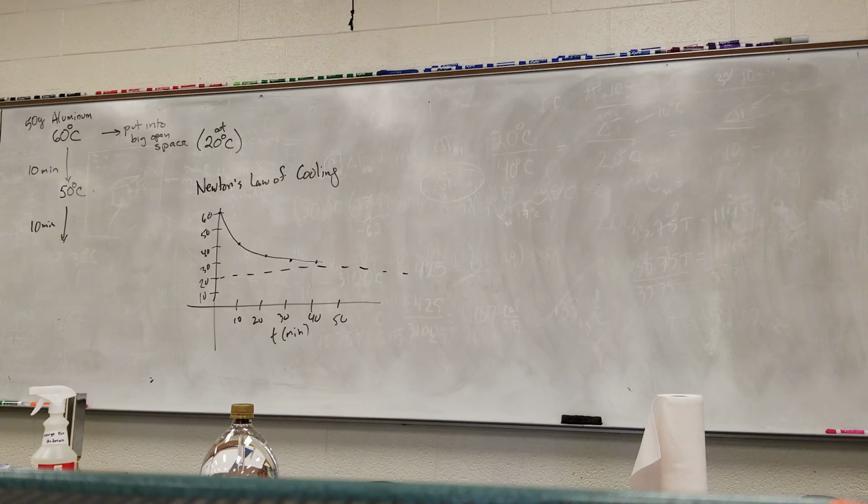That's the fraction it's going to lose. Actually, wait a second. It's how much it loses divided by the total amount it possibly could. So it's not, how much does it actually lose in the first 10 minutes? The numerator is 10.